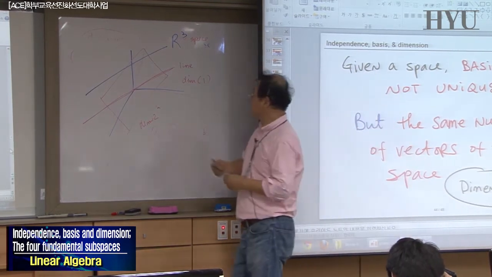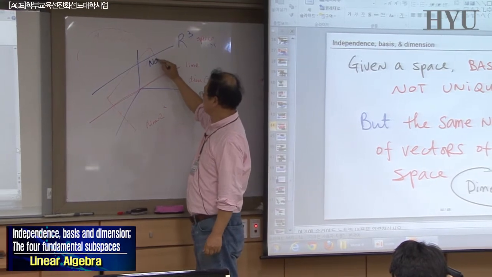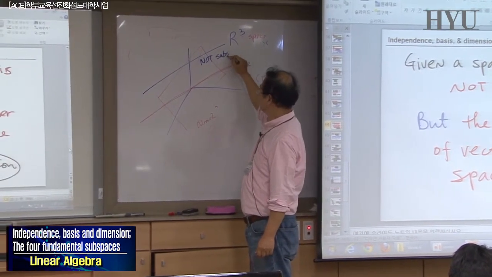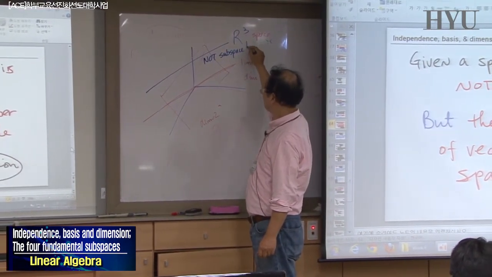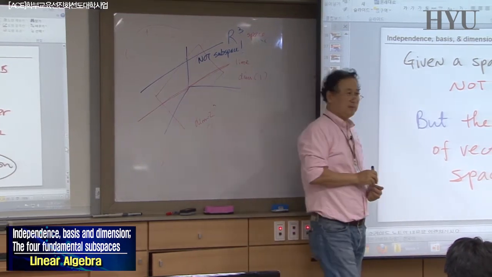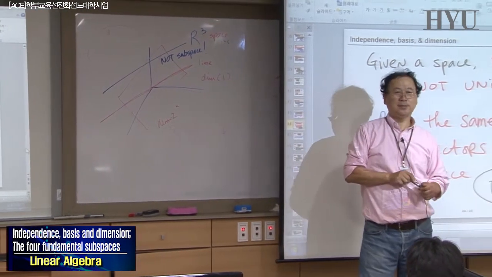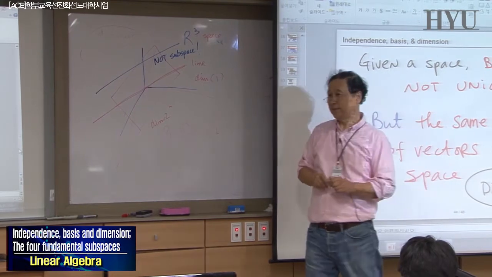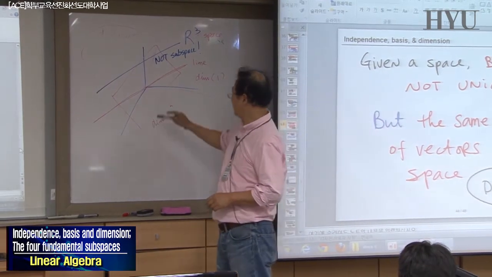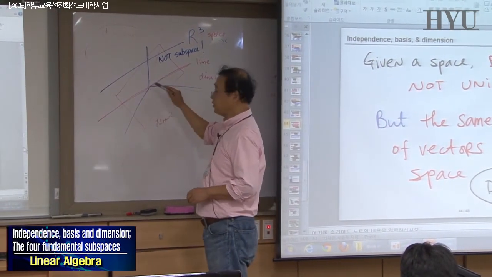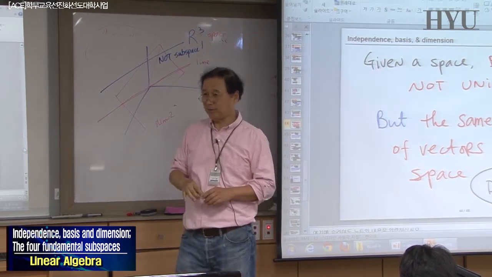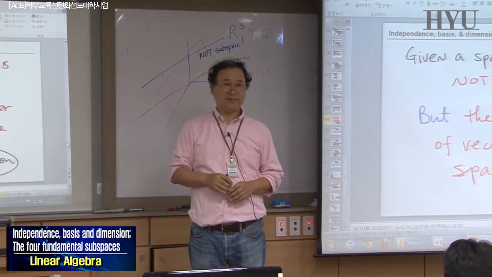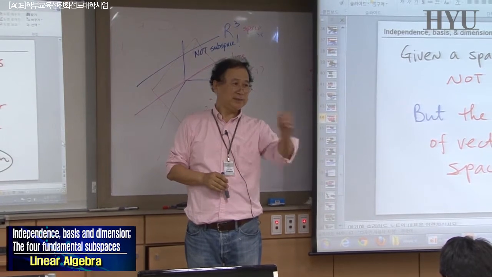First of all, this one is not a subspace. Why? I say the line has to pass the origin point, otherwise it's not a subspace. Why?